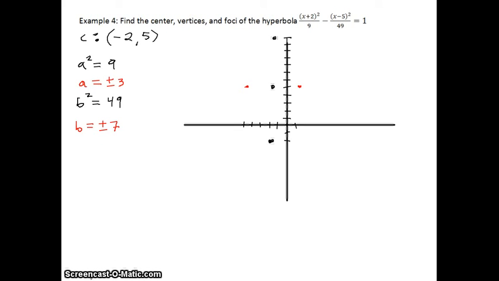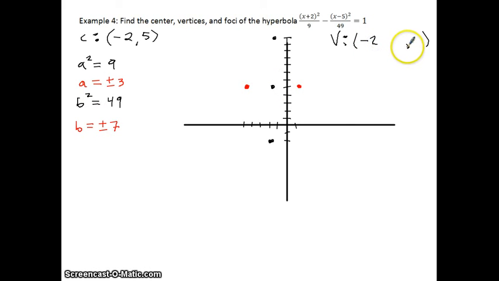Okay, so from my center, I went out 3 to the right and to the left, and that will identify the vertices of my hyperbola. We could just see what those coordinate points are. However, if you wanted to figure out what those points are formulaically, you would need the center, and you would need to add and subtract onto your x value of your center.